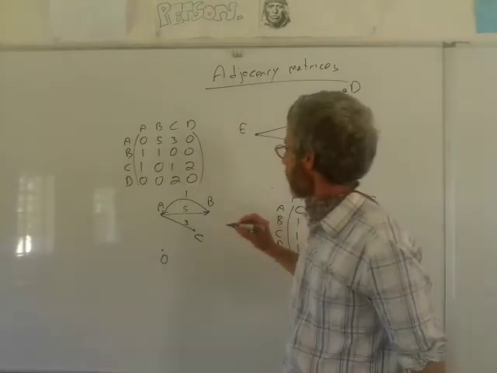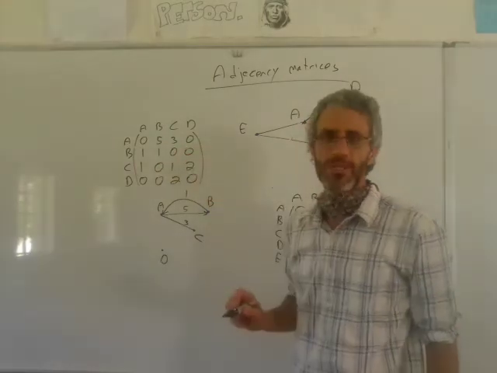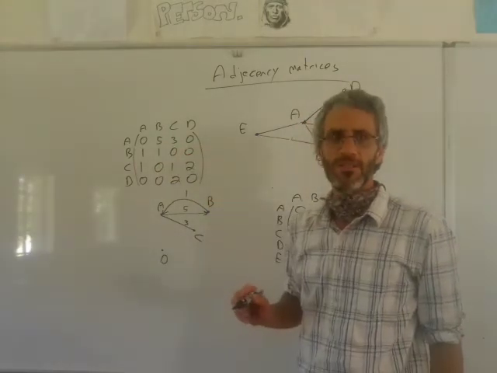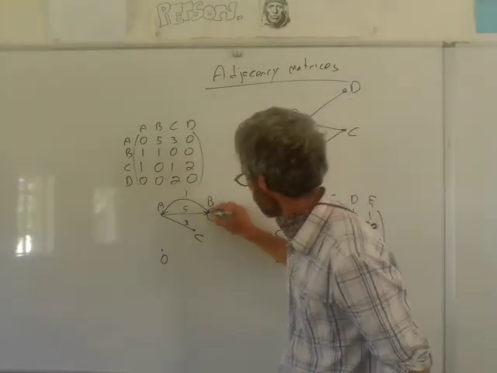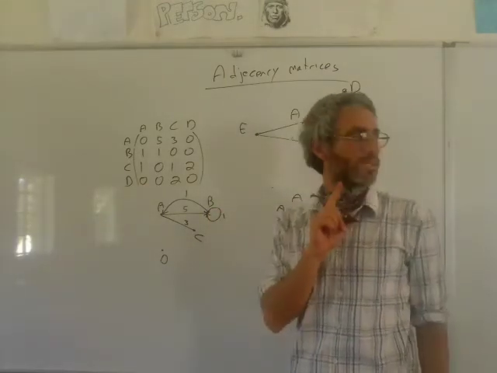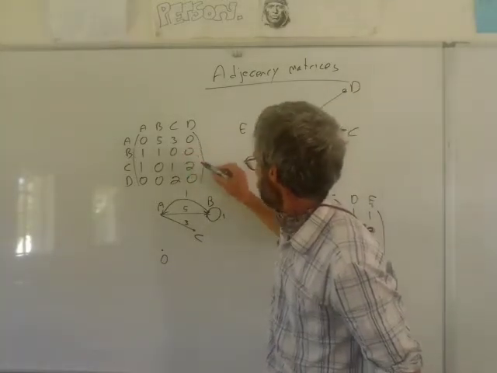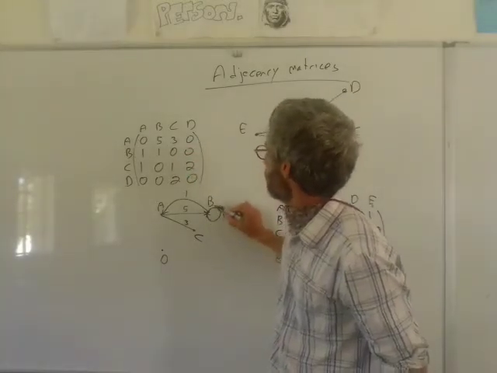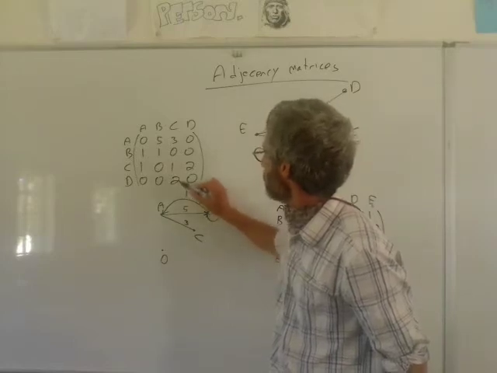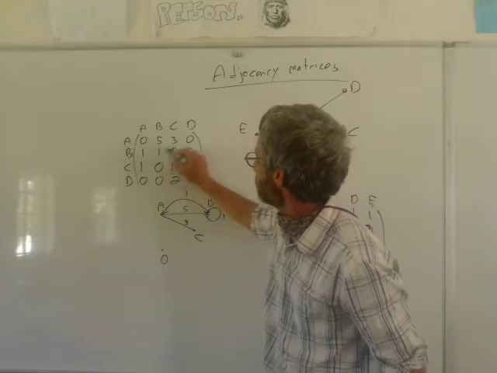Right, so now we've got another one. What does that mean, 1 between B and B? There's a loop. That's called a loop. We put a 1 to it. We'll summarize everything at the end. And then B is not connected to C, B is not connected to D, C is connected to A, and now I've got 1.